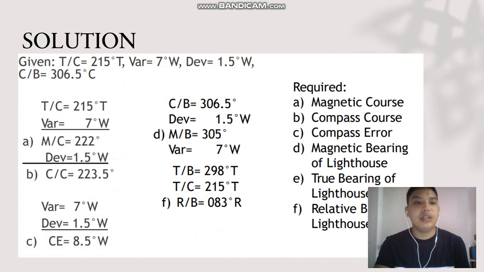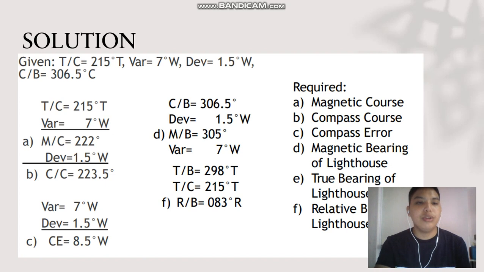To find the magnetic course, we have to add the true course and the variation. So 215 degrees plus 7 degrees is equal to 222 degrees. To find the compass course, we have to add the magnetic course and the deviation.